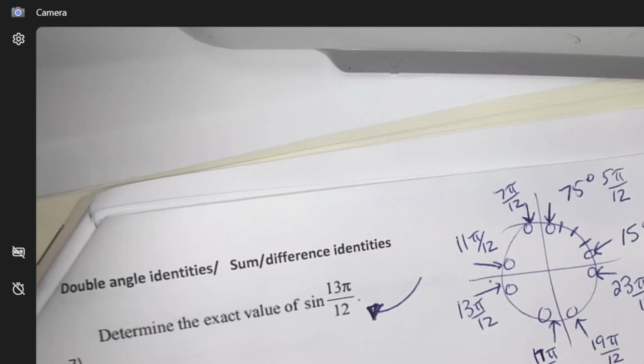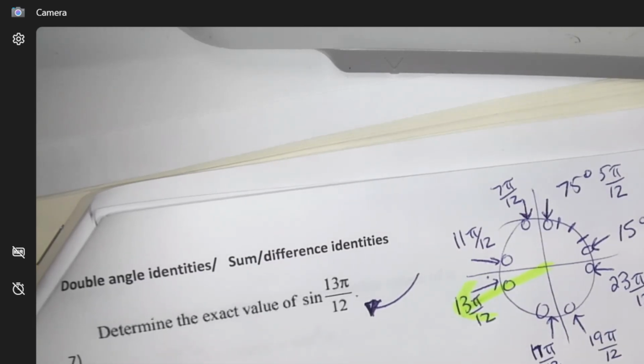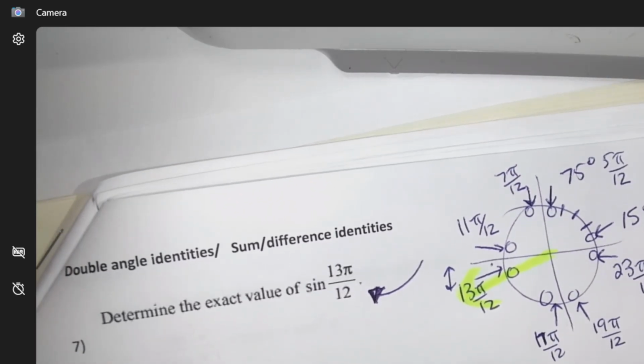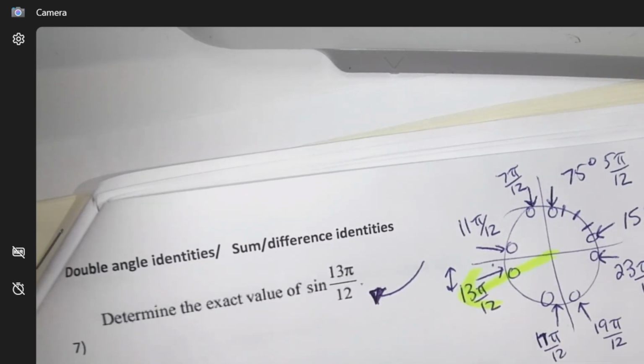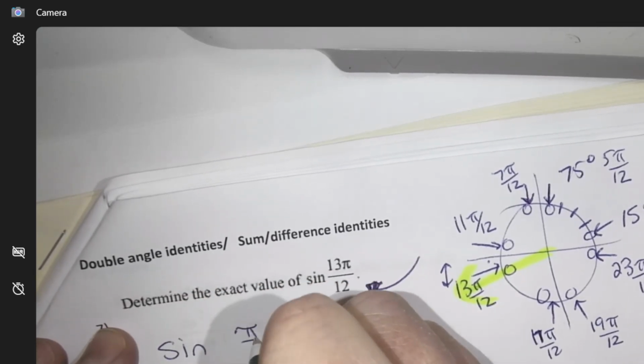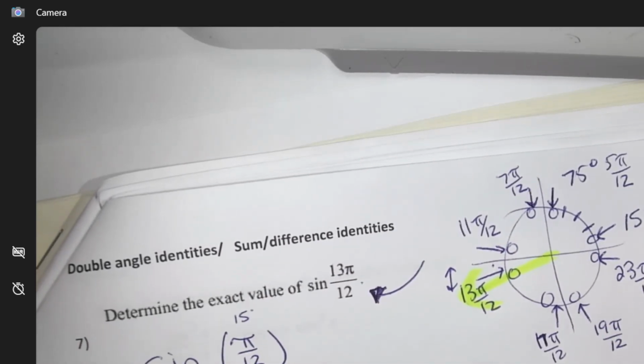Okay, so we are here. As a reference, how far am I away? 15 degrees. So I think that because the question was in radians, you have to keep radian language.